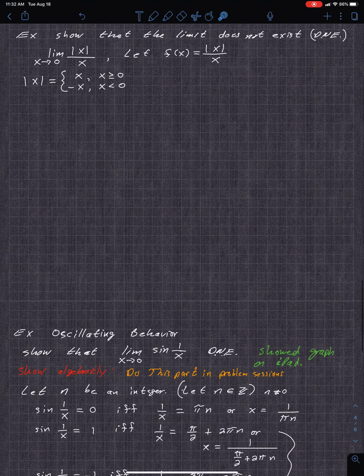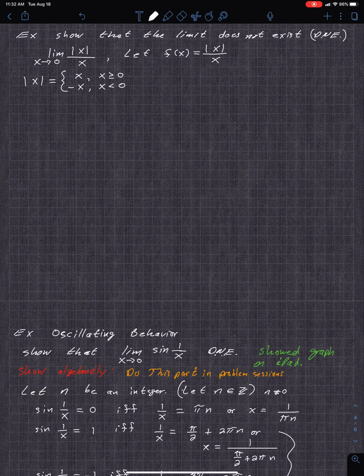So write this down. Let's show that the limit does not exist of absolute value of x over x. So this is kind of your example that you want to keep in mind as you go through problems of one that's not going to work, basically.